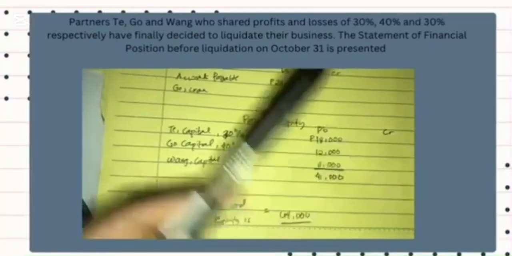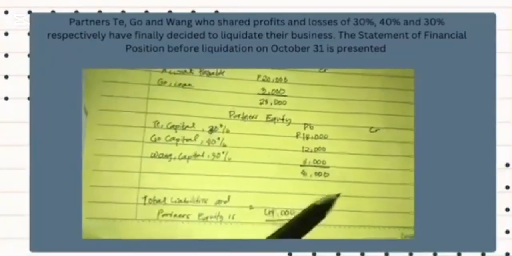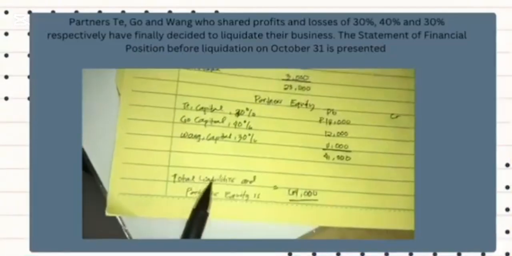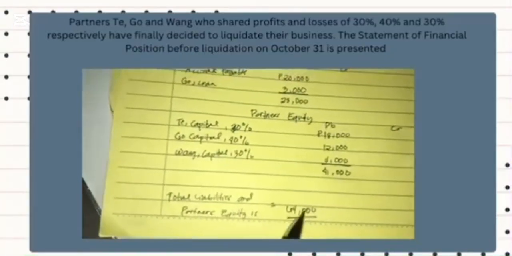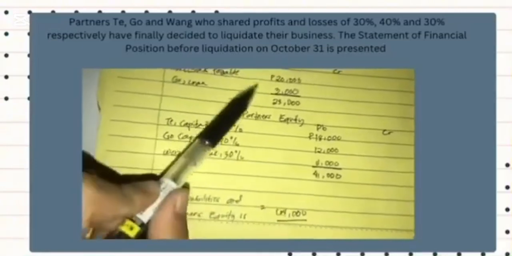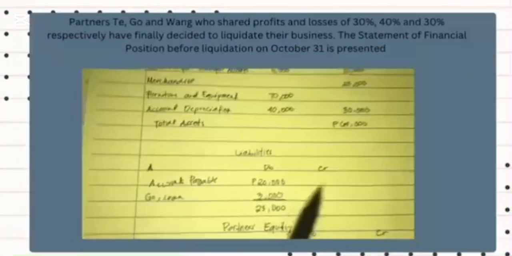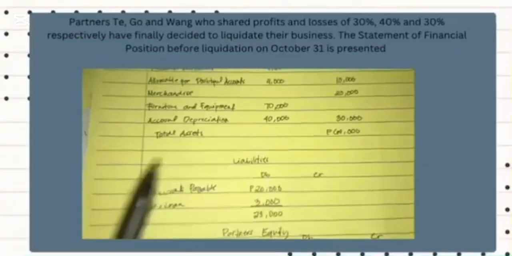To sum it all up, 41,000. So the total liabilities and equity is 64,000, from the 23,000 plus 41,000, same as the total assets.